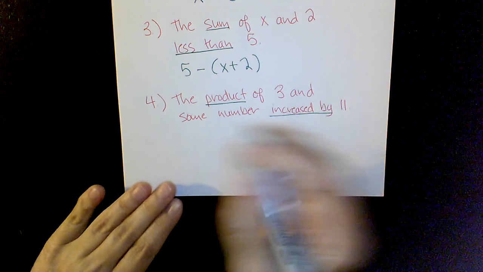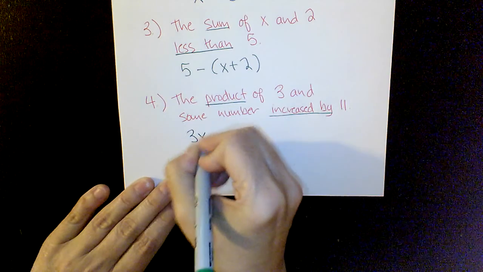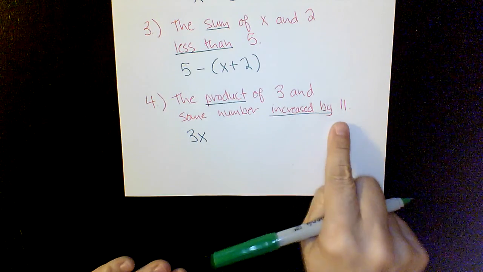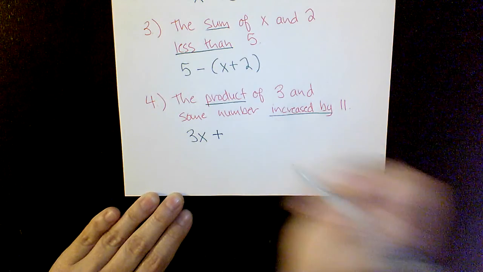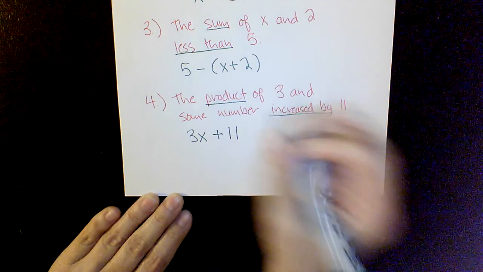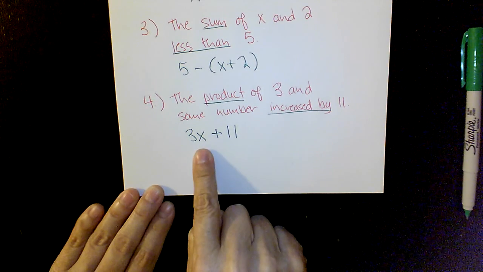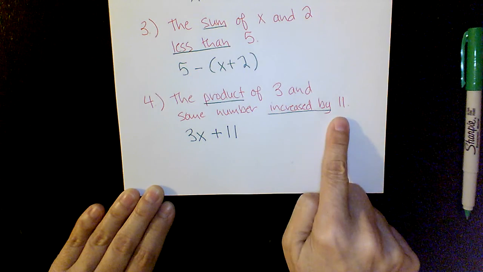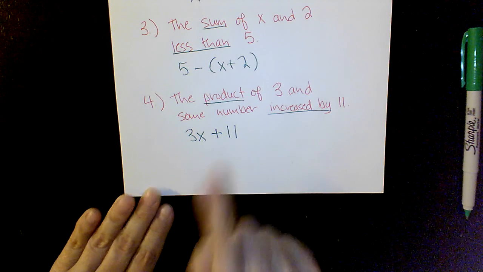So the product of 3 and some number, so we could use 3x, and increased by 11. Increased by means to add, and we're just going to add 11. So the product of 3 and some number, 3x, or you could use y and make it 3y, increased by 11. So it's 3x plus 11.